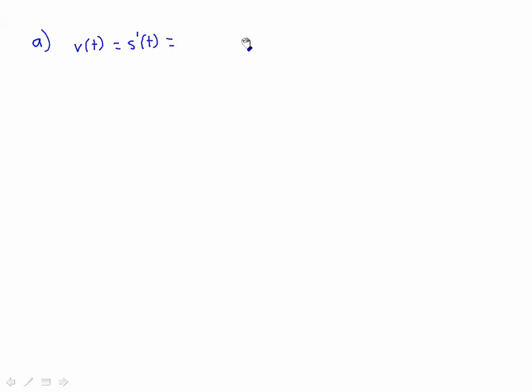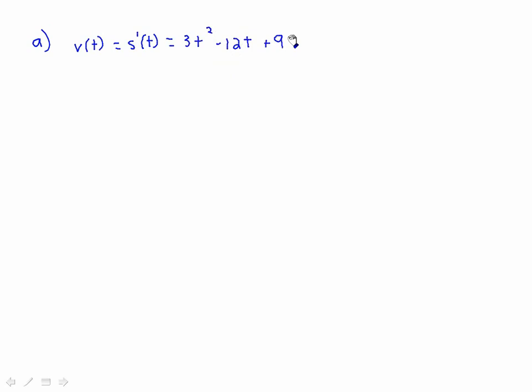So I'll note that. Differentiate the given expression, and you'll get 3t squared minus 12t plus 9. And there we go.